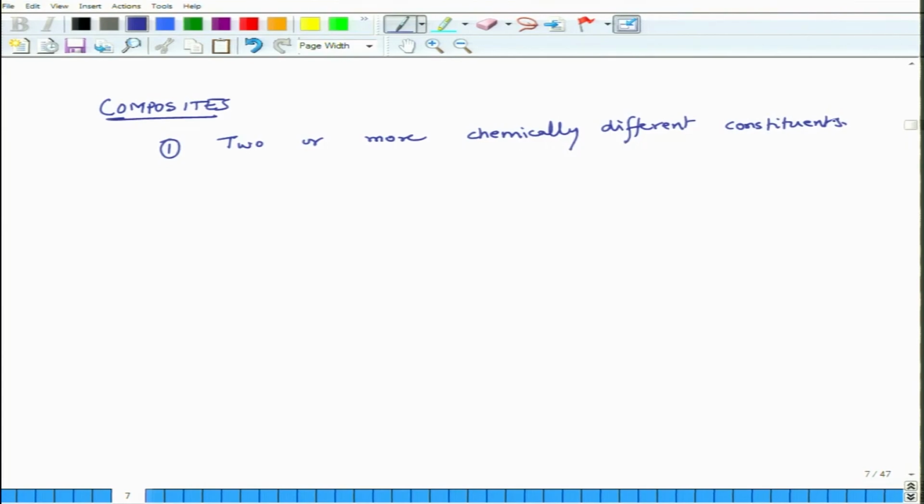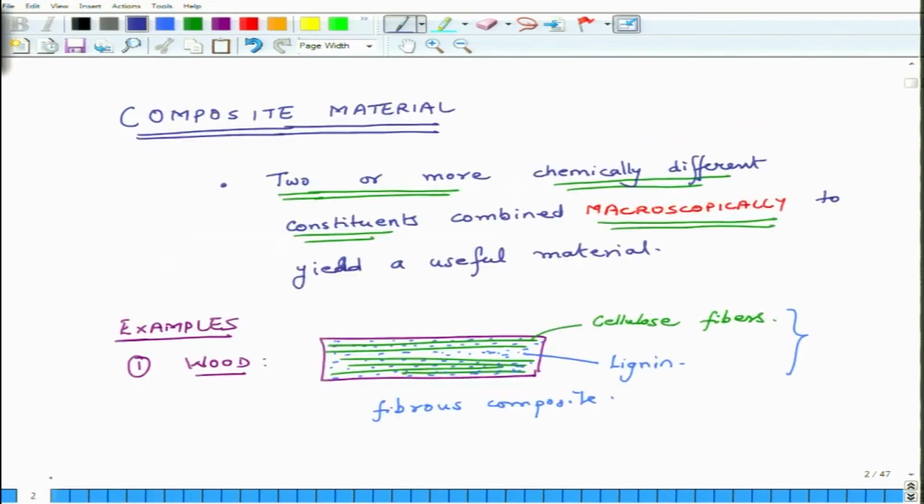This is the first requirement. Second thing is they should be combined macroscopically. You do not have to combine them at a microscopic level. If they are combined at a microscopic level, we do not call them composites, because their mechanics will be developed in some other ways. The third thing is, yesterday I had said that it should yield a useful material.